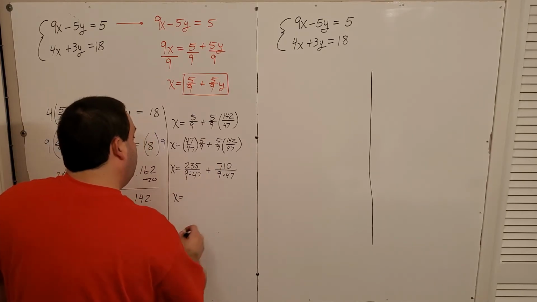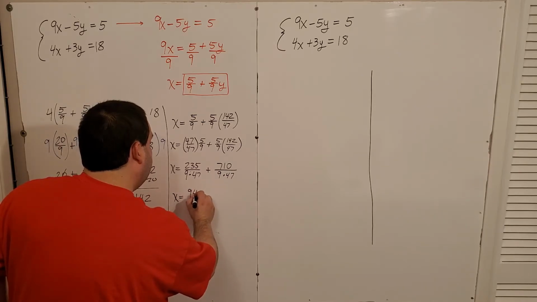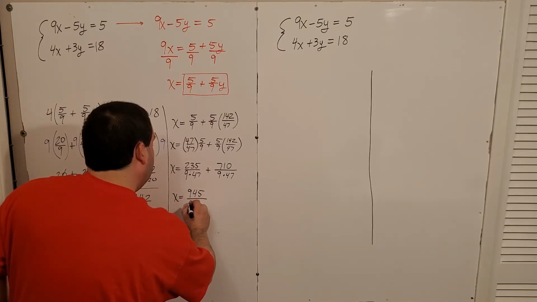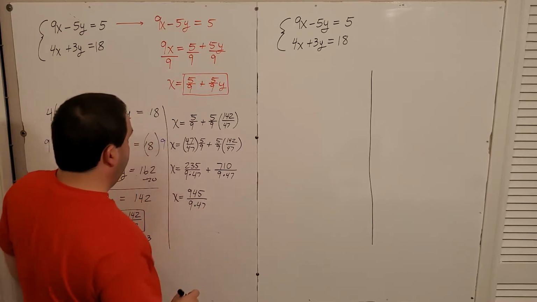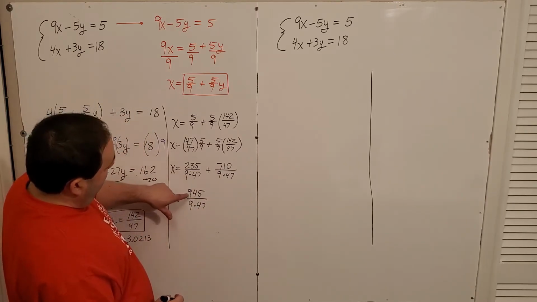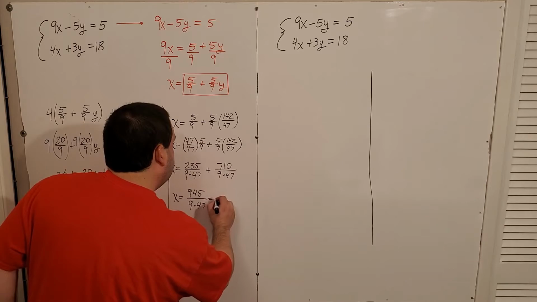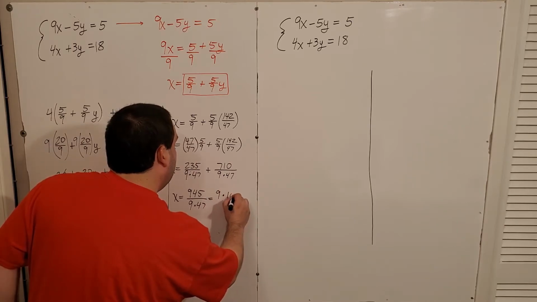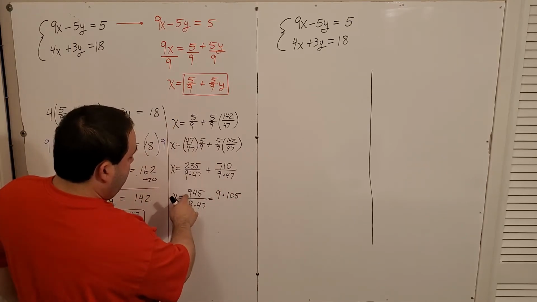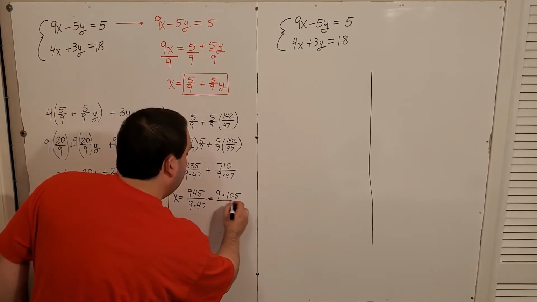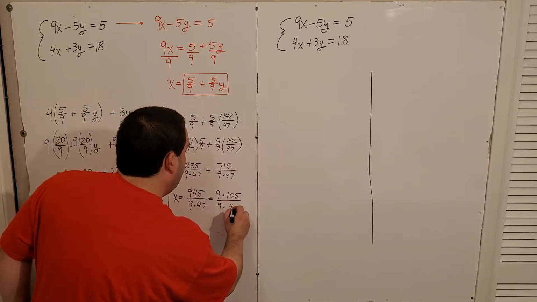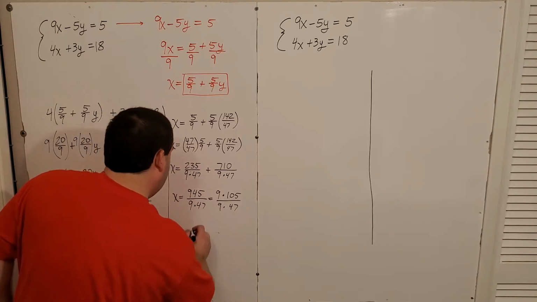X is going to be 945 over 9 times 47. Oh yeah, look. 945 is 9 times 105, because 9 goes into 9 and 45 there. And then it's over 9 times 47. So I can reduce the 9s.